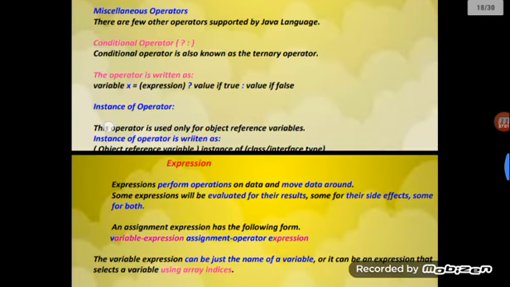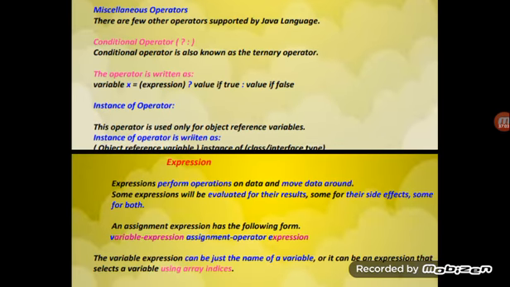Then the next one is the miscellaneous operators. There are a few other operators supported by the Java language. This is the conditional operator, which is the ternary operator, the question mark and colon. The conditional operator is also known as the ternary operator. The syntax is variable x is equal to expression, question mark, value if true, colon, value if false.